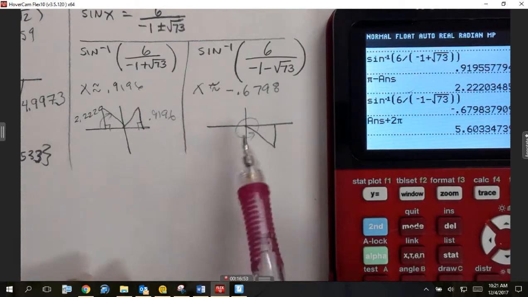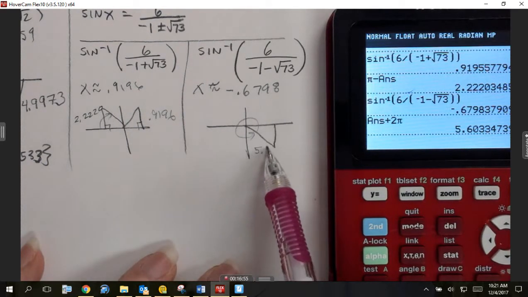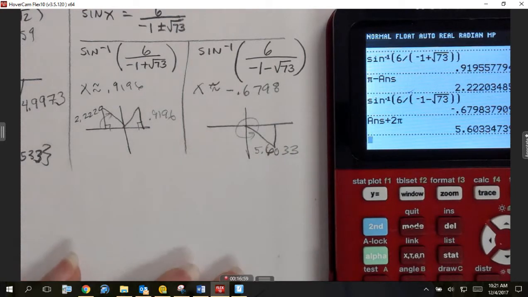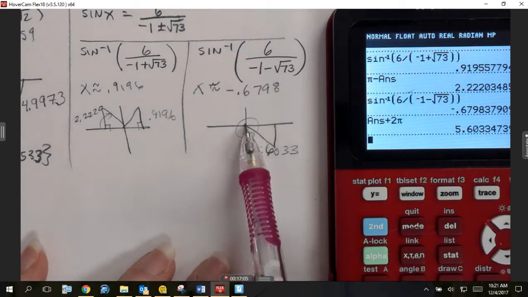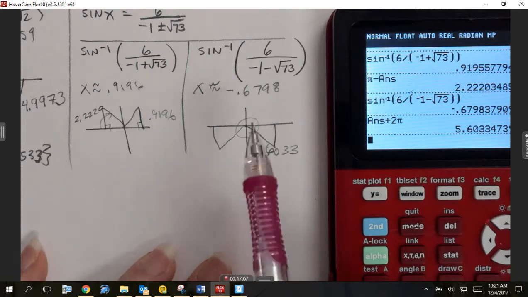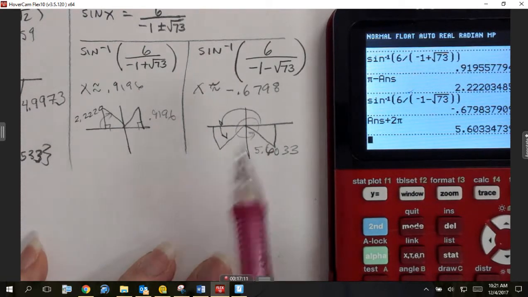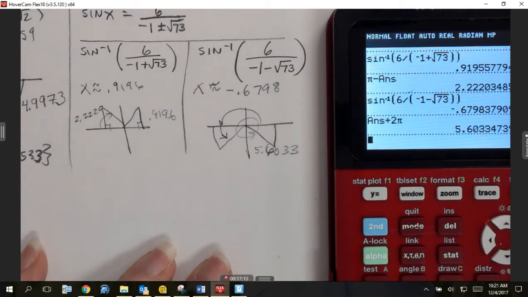So now I have 5.6033. And then if sine is in the fourth quadrant, it's also in what quadrant? Third. So I'll have to take pi and then add on the reference angle of 0.6798.